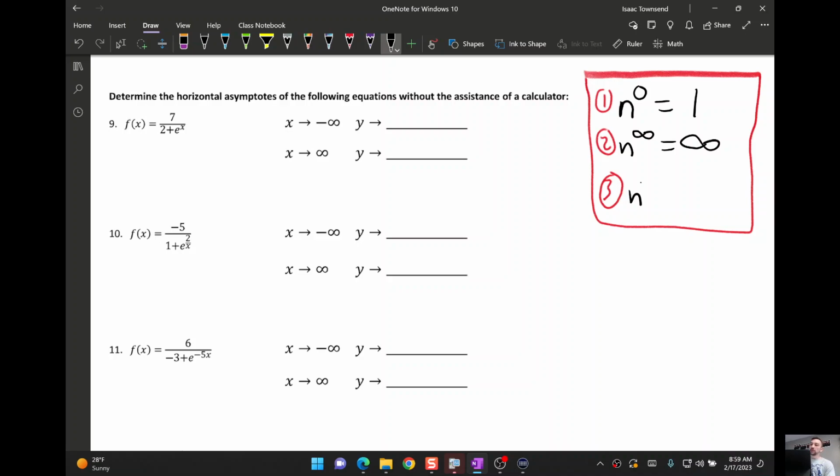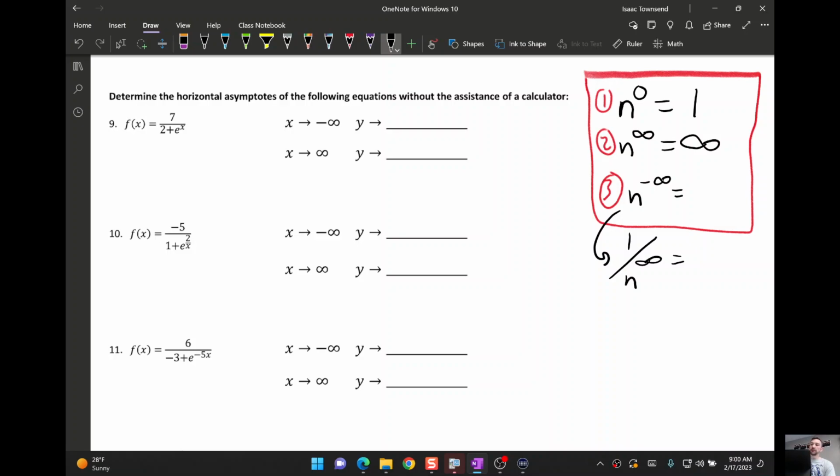And then this one's a little bit harder to see, so we need to kind of write out the steps here. One of these steps will help us anyway. But if you have a number and its exponent heads to negative infinity, so it just goes down forever, remember a negative exponent is the same thing as moving it to the other side of the fraction to make it have a positive exponent.